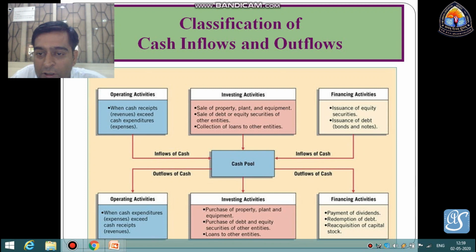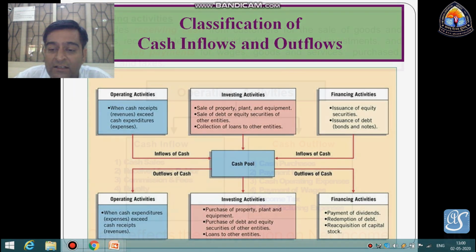If we discuss the third category, financial activities, any issue of equity share, preference share, debenture should be covered as a cash inflow in financial activities. While outflow in financial activities should be covered as payment of any dividend, redemption of debenture, redemption of preference share.